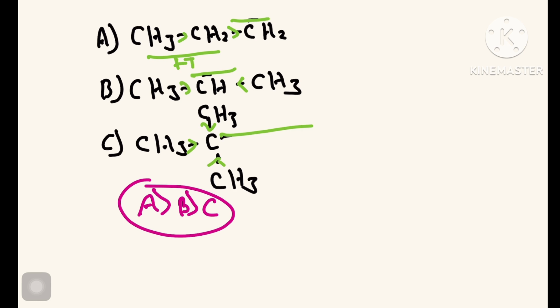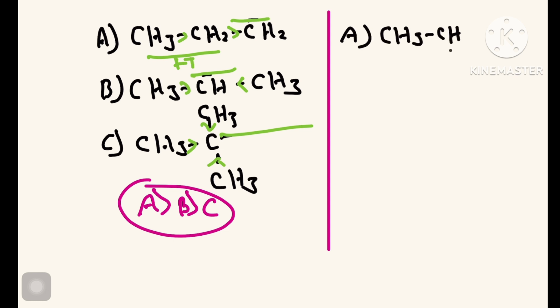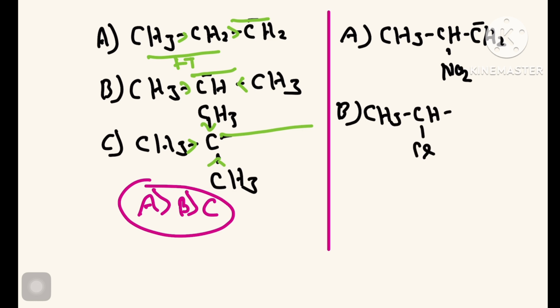Also you can write, if I write here A, CH3, CH, NO2 and here CH2 minus and B, CH3, CH, Cl, CH2 minus.